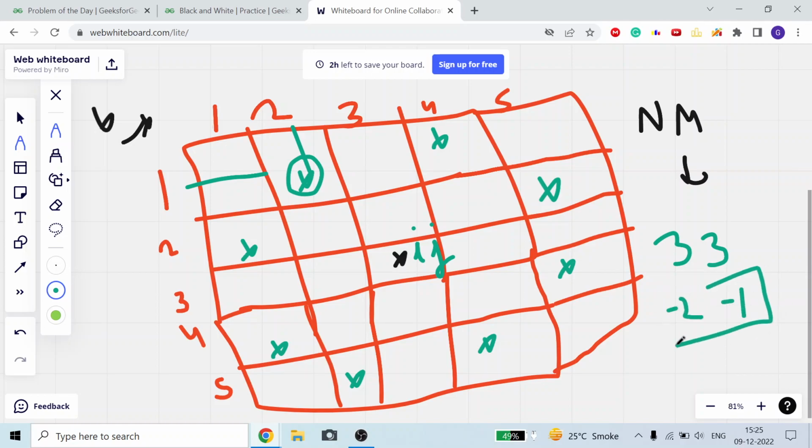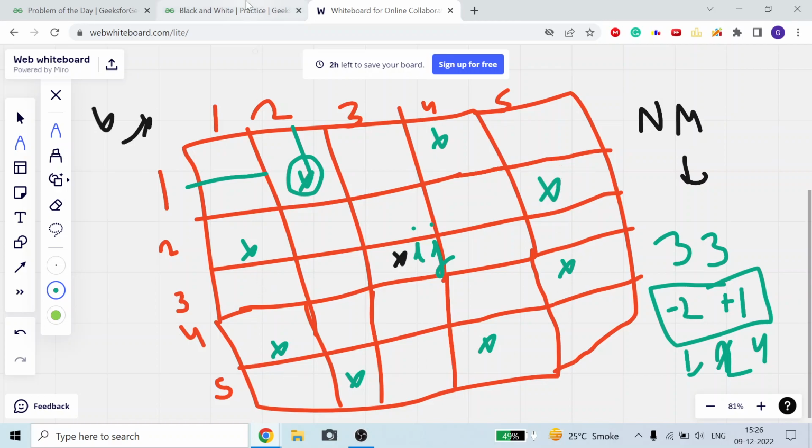These are the differences in my i and j axes, giving the updated coordinates.